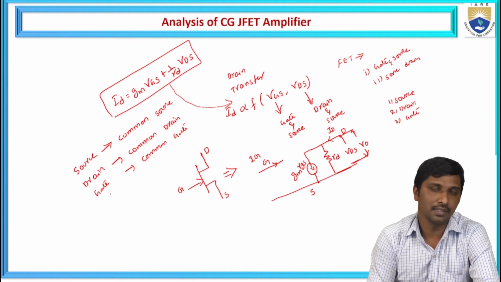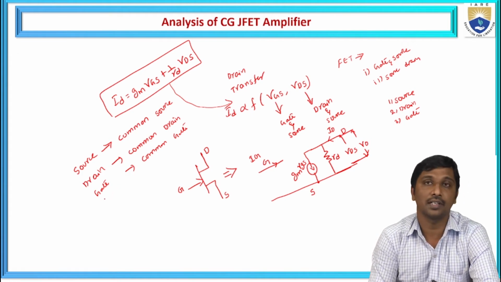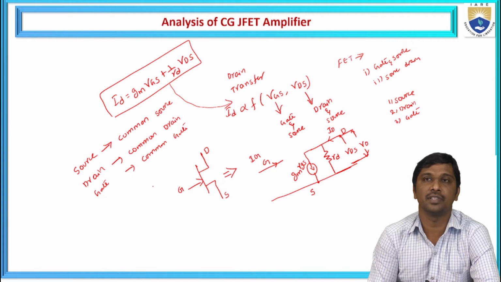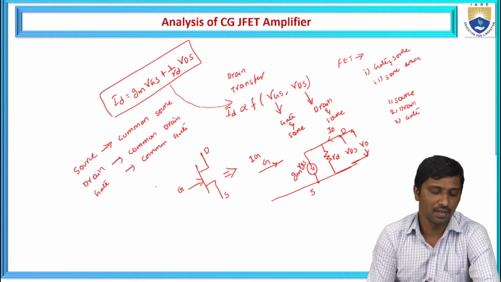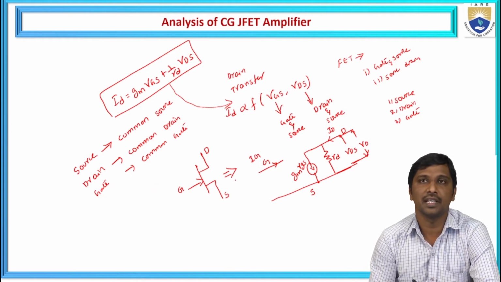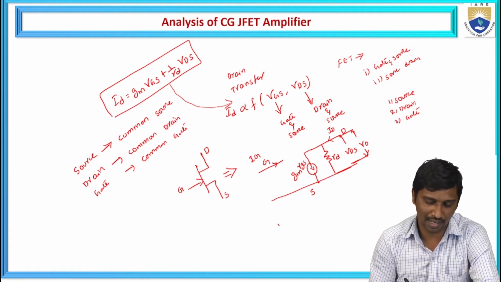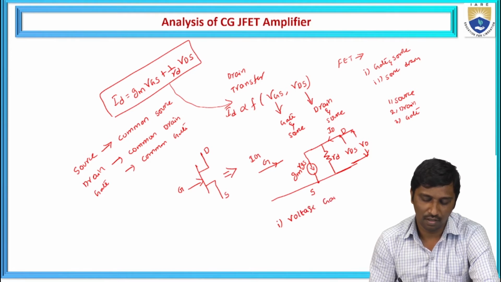Now we are going to discuss in this session what a common gate amplifier is and how this common gate acts as an amplifier by using the small signal analysis. By using the small signal analysis, we are going to determine three important parameters. One is voltage gain, represented as AV.